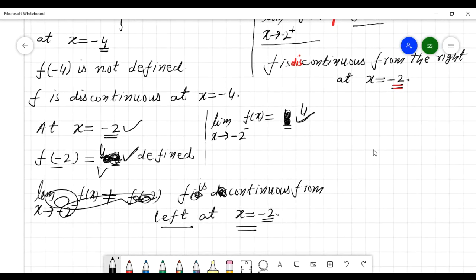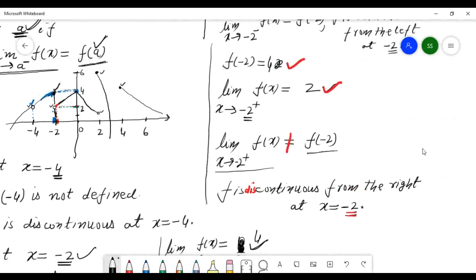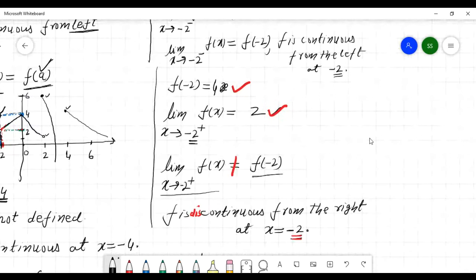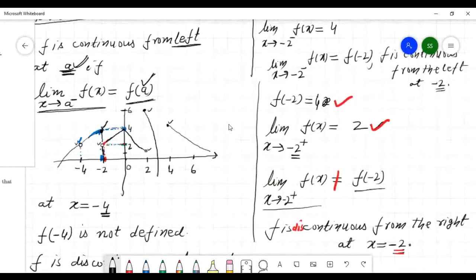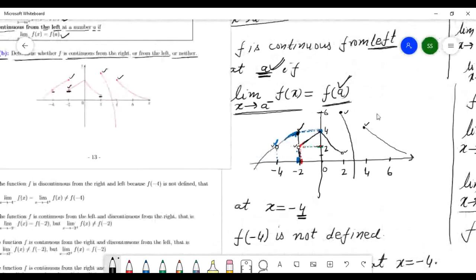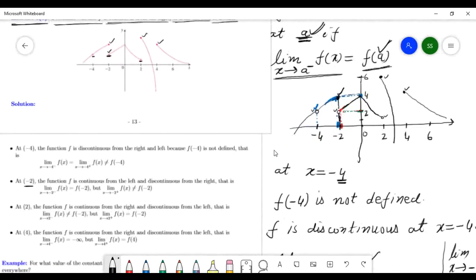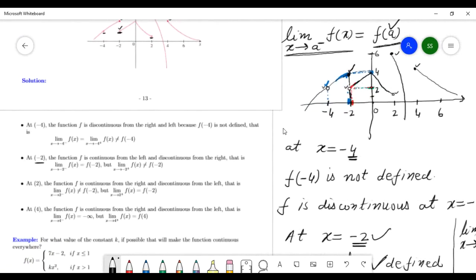Now come to the next point. Come to the next point. See this. You have to check only this continuity, right? So check at 2 and 4.